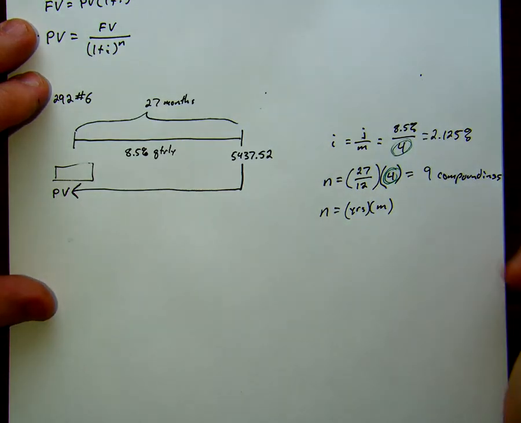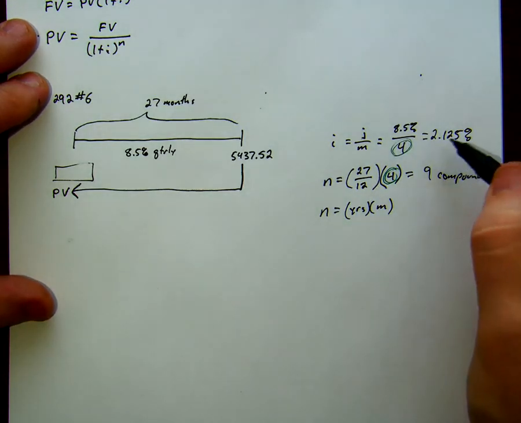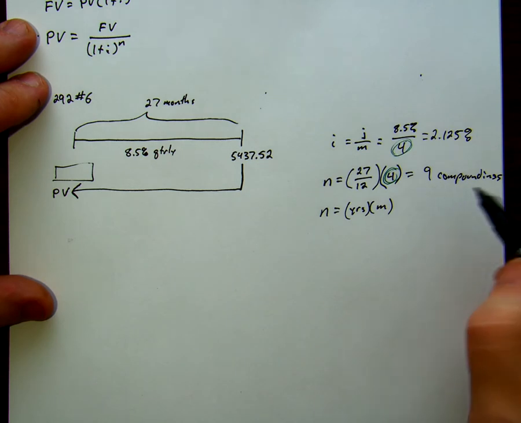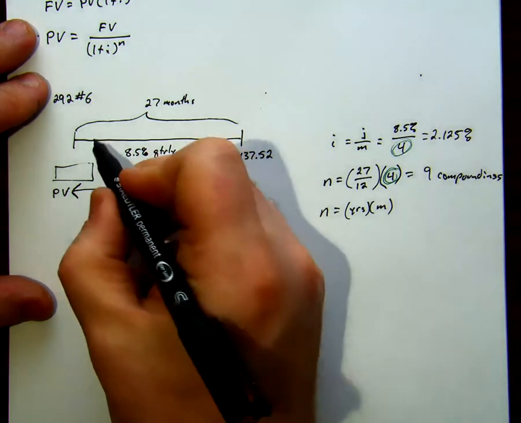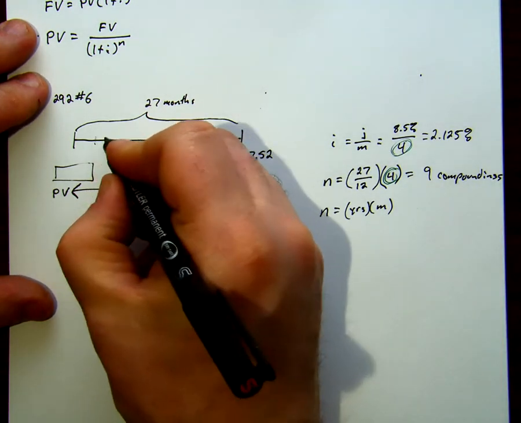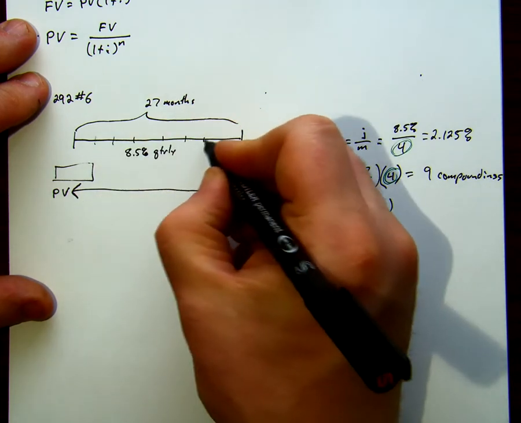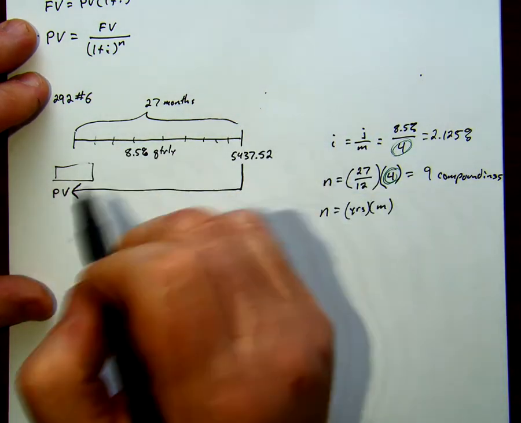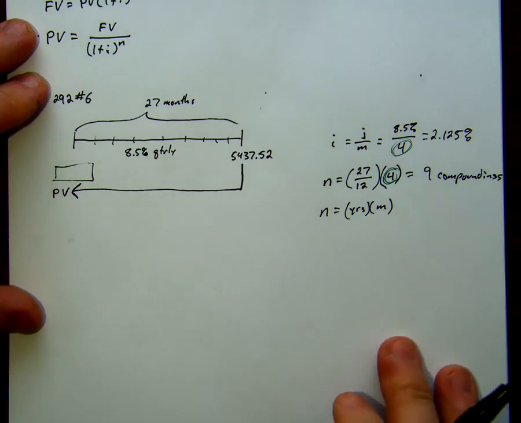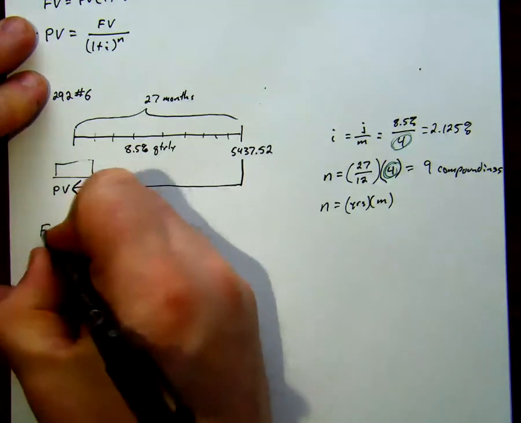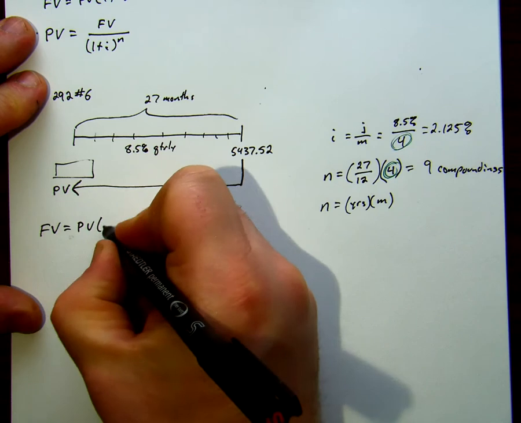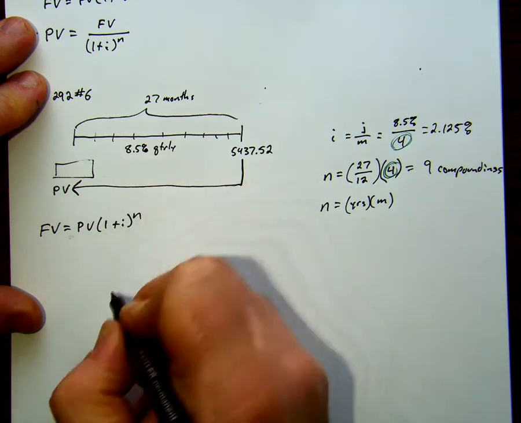So we're going to earn 2.125% each compounding for 9 compoundings. So if we take a look, there's going to be 9 periods in here, and each time we're going to get interest on interest. So future value is present value times 1 plus i to the n.